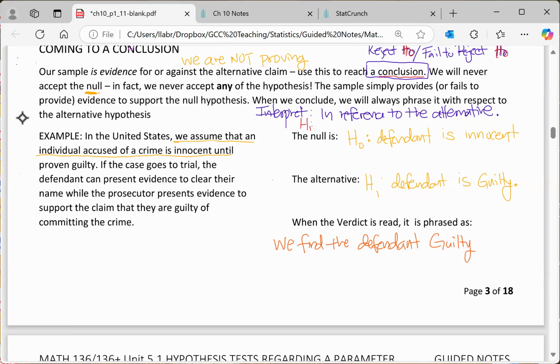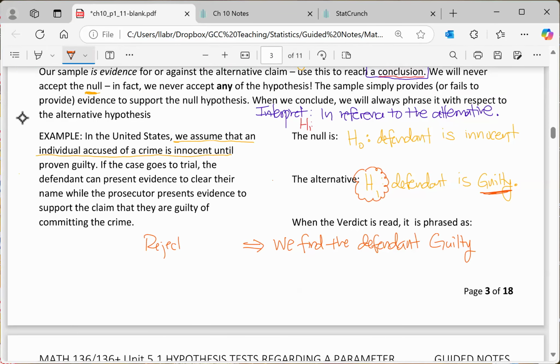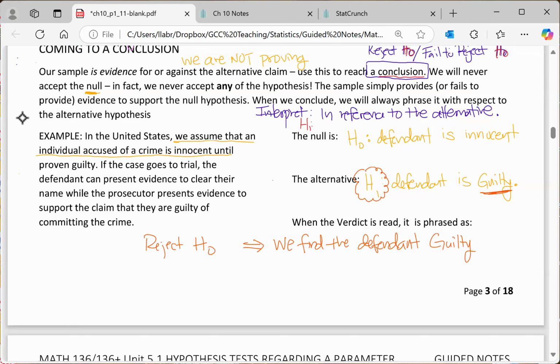Notice how this is in terms of the alternative. They're talking about guilt: this person is guilty. If this is their conclusion, in other words their interpretation, then we know that when the evidence was presented, the jury was able to reject the null. So they reject the null and find the defendant guilty.